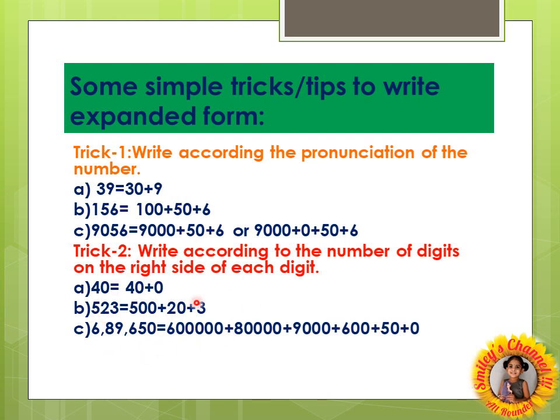But with this trick we will make it very easy. See, first we are going to write 6. And after 6, how many digits we have? Count and tell me fast. 1, 2, 3, 4, 5. Correct? So 5 zeros you write. 1, 2, 3, 4, 5.